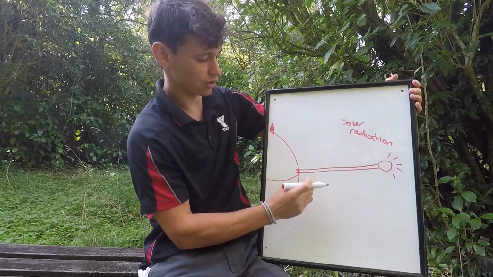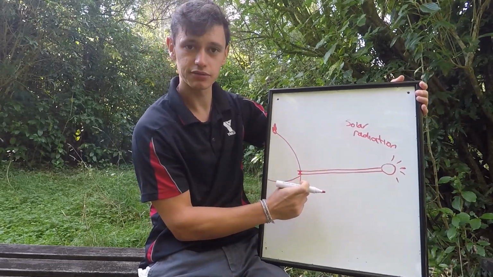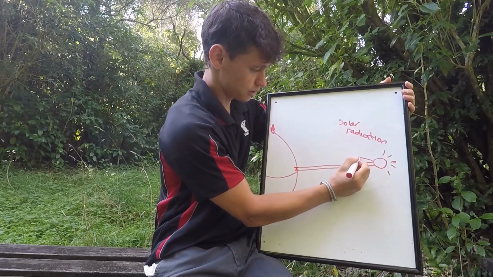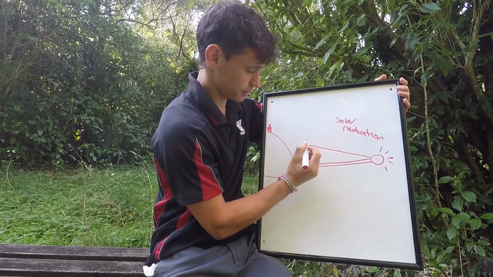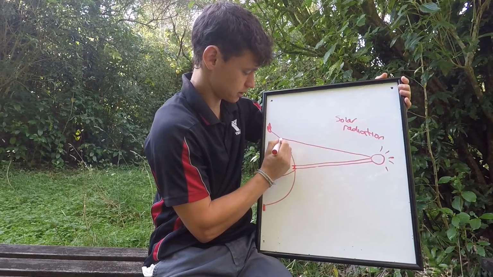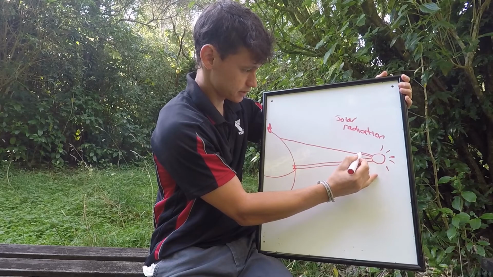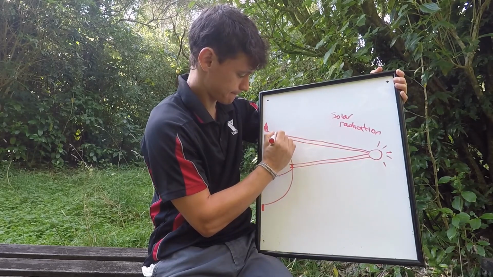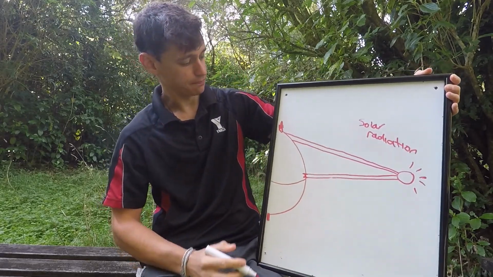If we now draw the same amount of solar radiation, so the same distance coming from the sun, but going to the equator, same distance. Awesome.